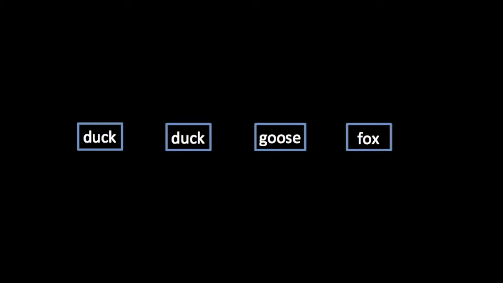If these animals were entering the forest one by one, it would be nice to be able to represent the list of animals in that order. Perhaps a duck goes into the forest first. If another duck goes next, I'd like to have a way to remember that this next animal was the second duck. And if the goose goes next, I'd like to have a way to remember that the next animal after the second duck was the goose, and so forth.